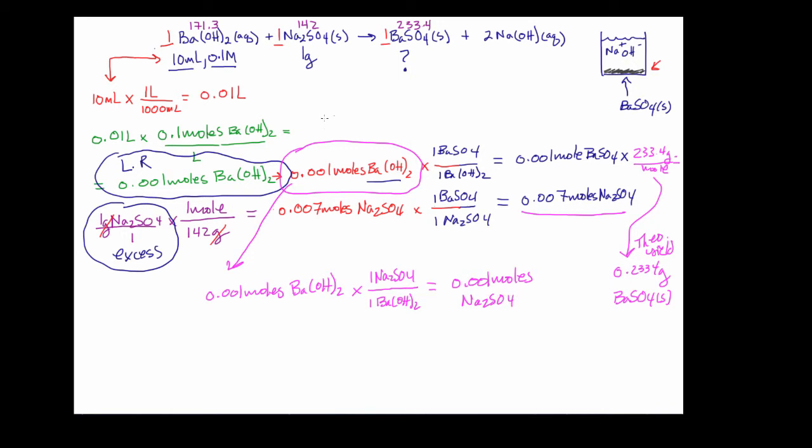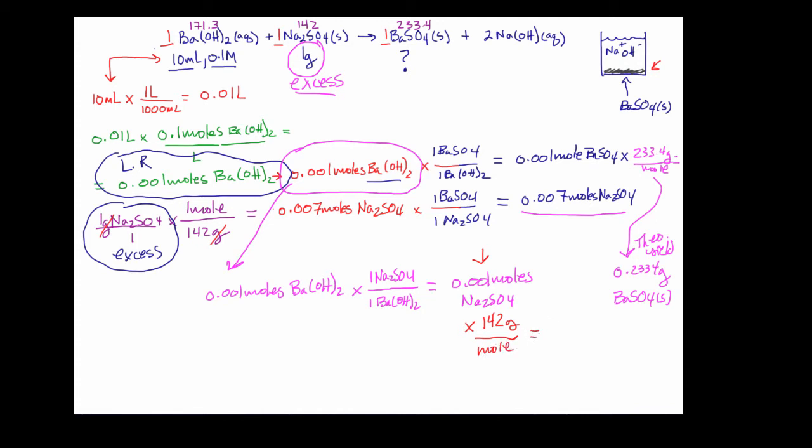Now, since we're in grams for the excess, what I'm going to do is go ahead and convert this value into mass. So we're going to be multiplying this number by the molar mass of the Na2SO4, which is 142 grams per mole.